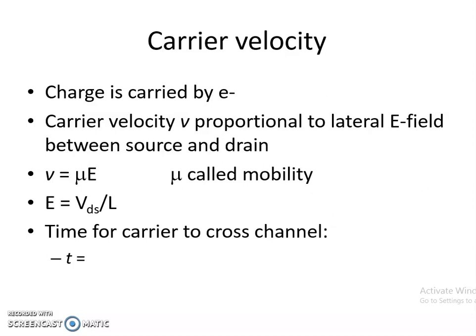Therefore the time required for a carrier to cross that channel is given by L by V, where L is the distance covered and V is the velocity. Putting the V value, it is L upon mu into E. Putting the E value, it gives L square by mu into VDS. That is equation number 2.